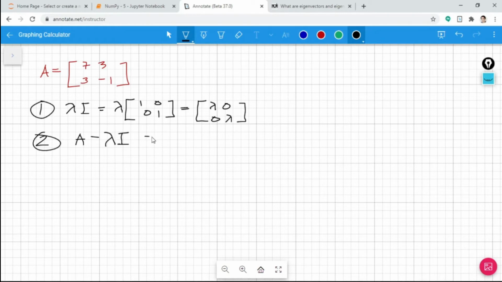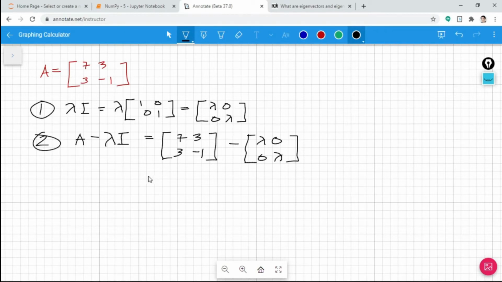So this one is equivalent. Our given matrix is 7, 3, 3 and negative 1. So minus, we got lambda of 0, then 0 of lambda.